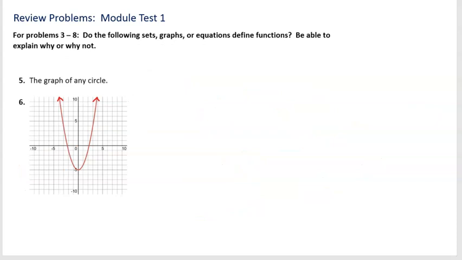Now, continuing with the same question, do the following sets, graphs, or equations define functions? And for problem number 5, it's the graph of any circle, right? So if I just draw a random circle, I know that's not a perfect circle, but it doesn't matter. Then that does not represent a function. Why is that not a function? Well, you have to be able to say why it's not a function.